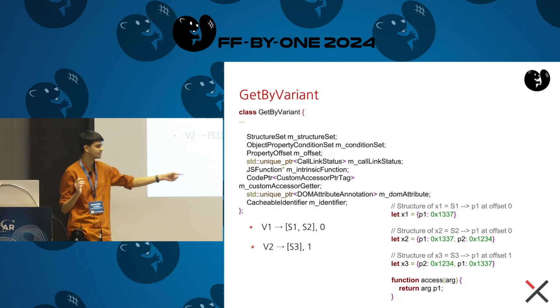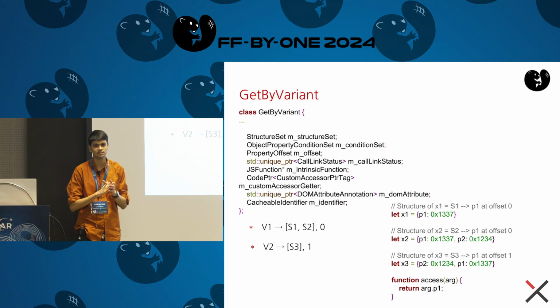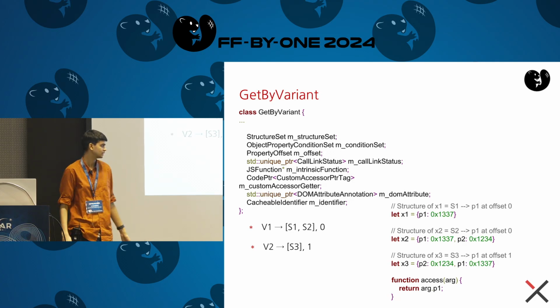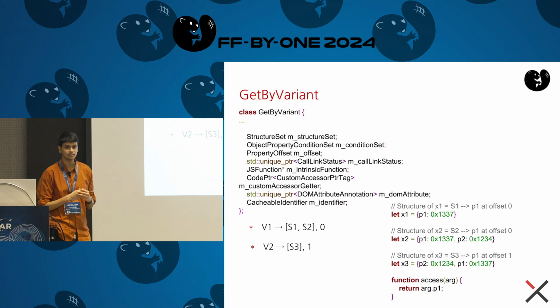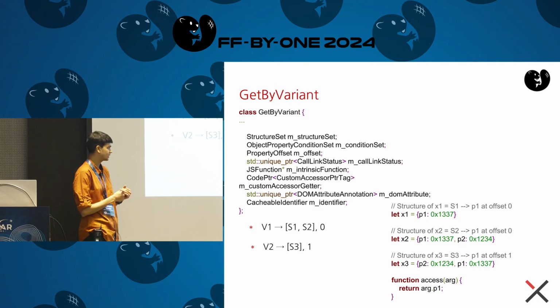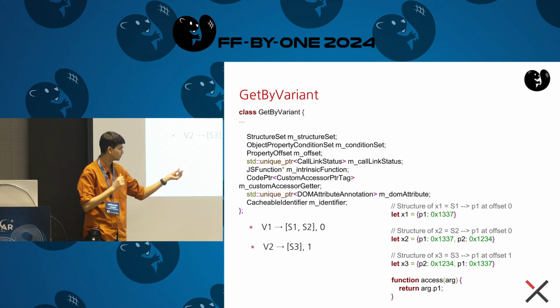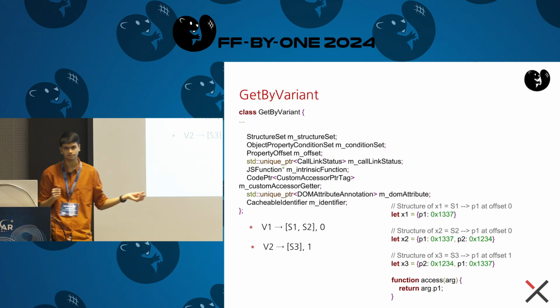One way to find that out is the inline cache. The inline cache associated with that arg.p1 access will hold all the structures that it has ever seen. But another way that we can compute that is using what we just discussed, abstract values, because abstract values also signify more or less the same thing.